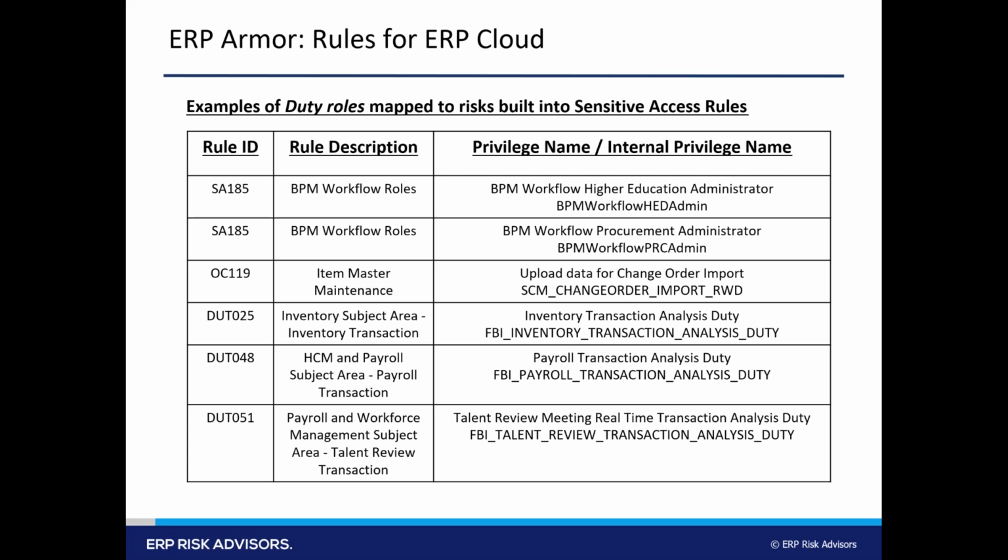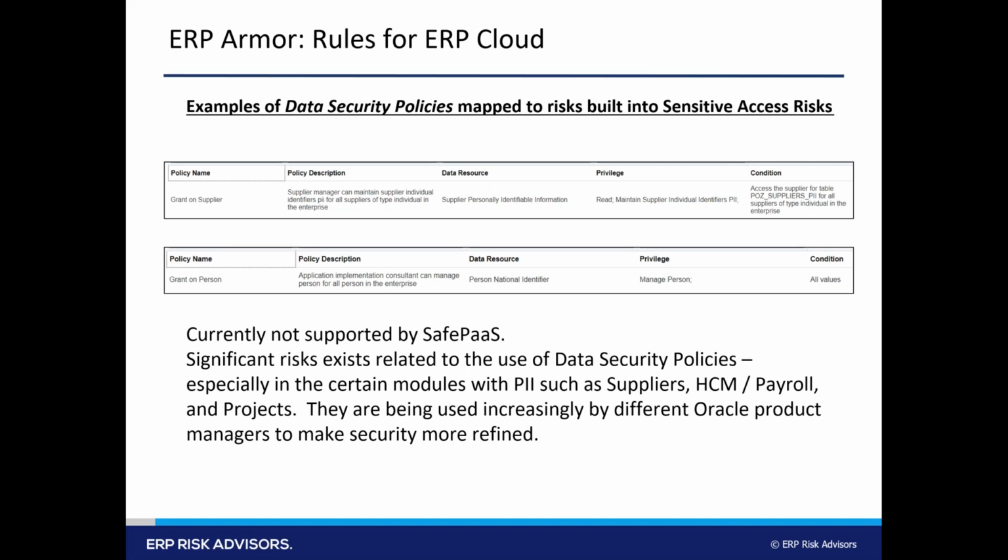So the scanning engine, like SafePaaS, does have to incorporate the ability to scan both privileges and duty roles, and your risk library has to include certain duty roles. Some have high risk, some have access to sensitive data in subject areas. Another challenge organizations have is data security policies, which are increasingly used in the differentiation of security.